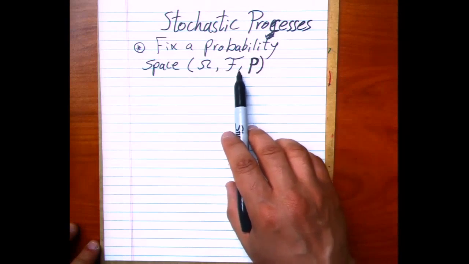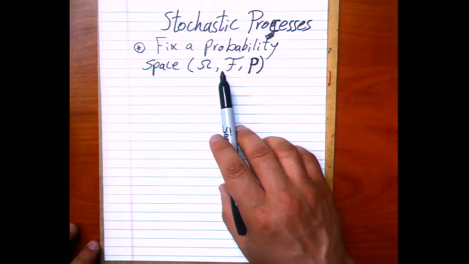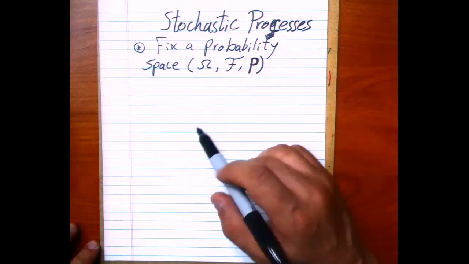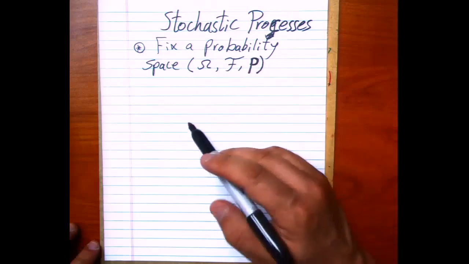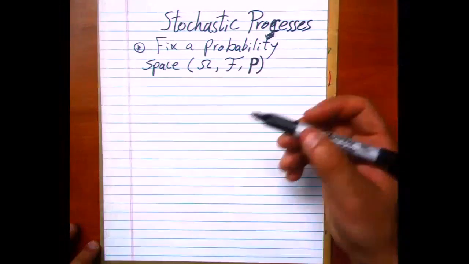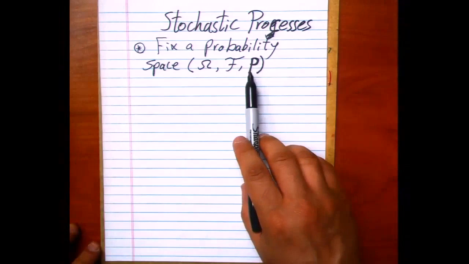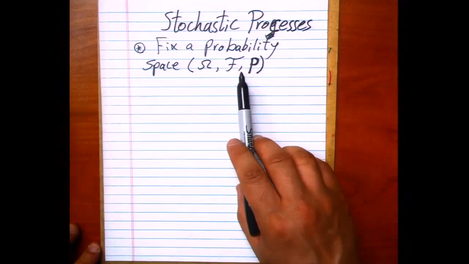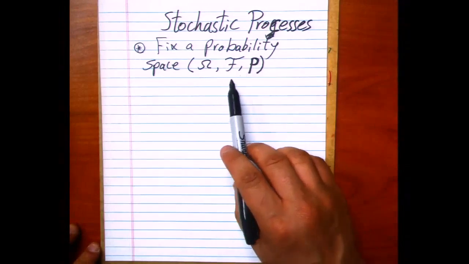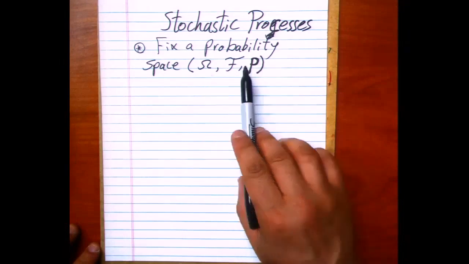Of course, as a sigma algebra, it's closed under complement, countable union, etc. P is a measure, so we know that the probability of omega is 1 because omega itself is an event.